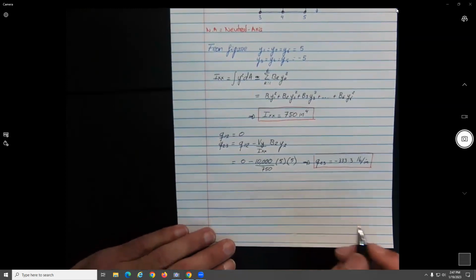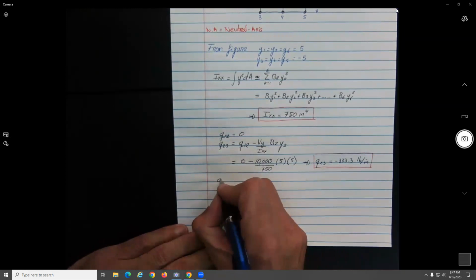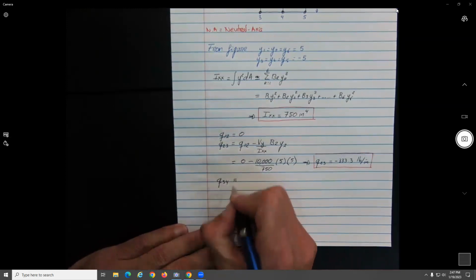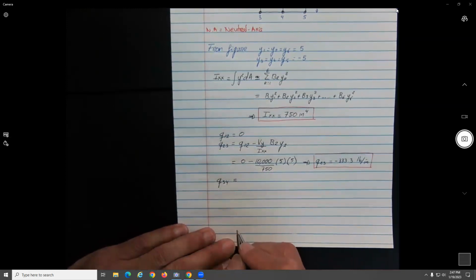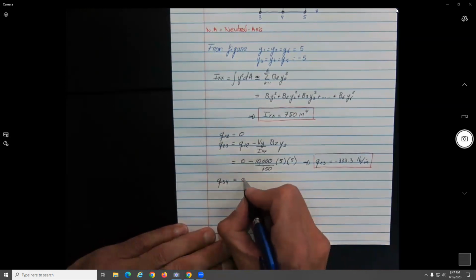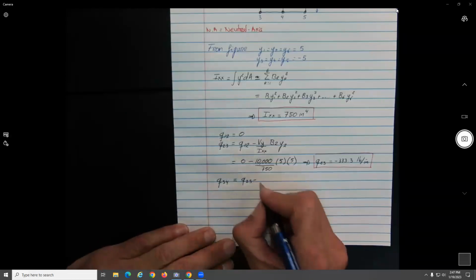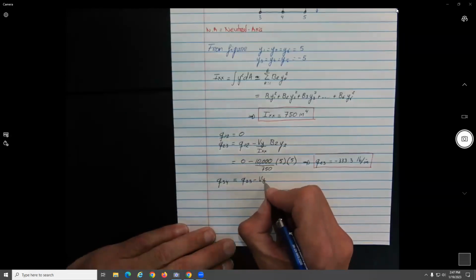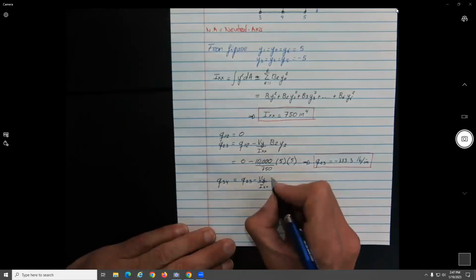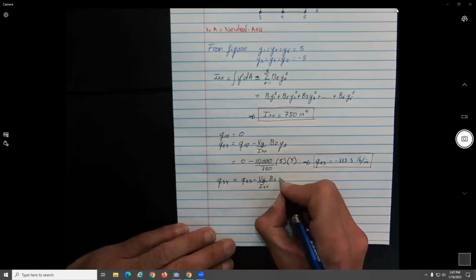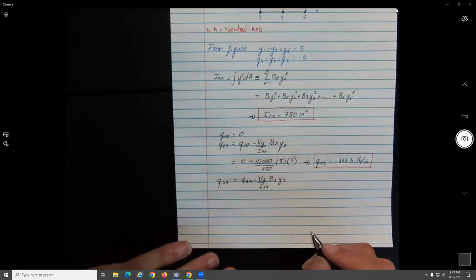Okay, so similarly, we can do what? Q34 will be equal to what? Q23 minus Vy over Ixx, B of what? B3, Y3.